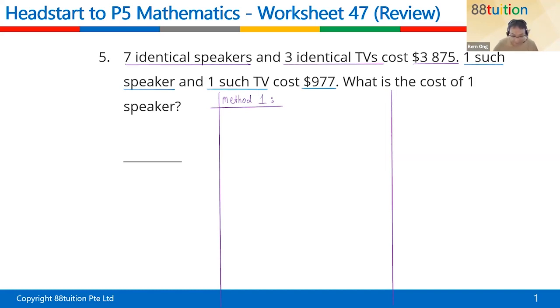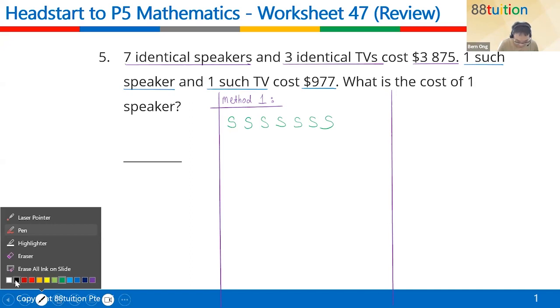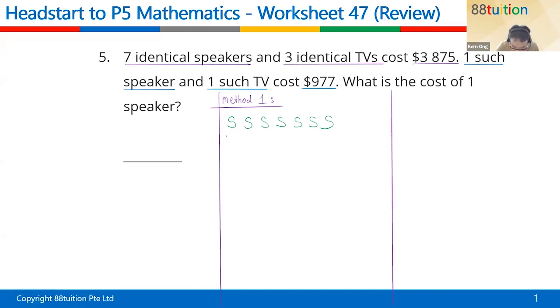There are 7 identical speakers. For speaker, I purposely write the letter S: 1, 2, 3, 4, 5, 6, 7. And there are 3 identical televisions. For TV, I write a T: 1 TV, 2 TV, and 3 TV.